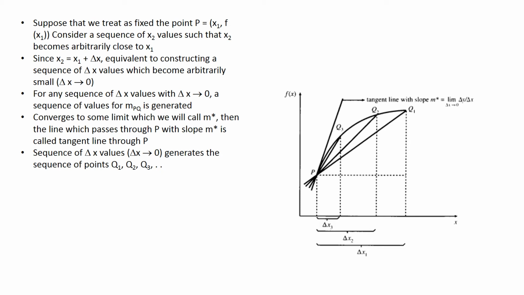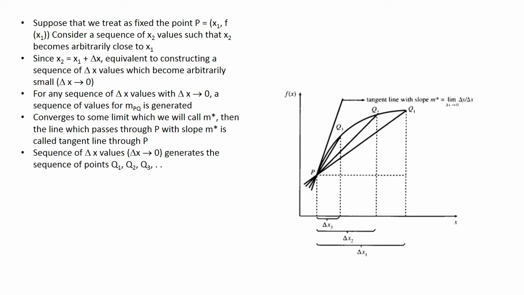Now, this process will converge to some limit which we call m star. So the line which passes through P with a slope of m star is called the tangent line through P. Each of the secants PQ1, PQ2, PQ3 has a particular slope, so we have m1, m2, m3, and the limiting case.